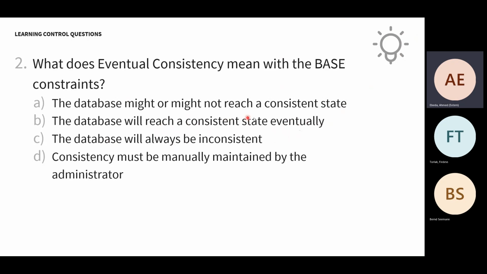So I can reach this consistent state eventually. Eventually it means like in real time. Okay. So eventual consistency for NoSQL helps to solve some problems like this in real time, and helps you find the data faster if you have complex data.